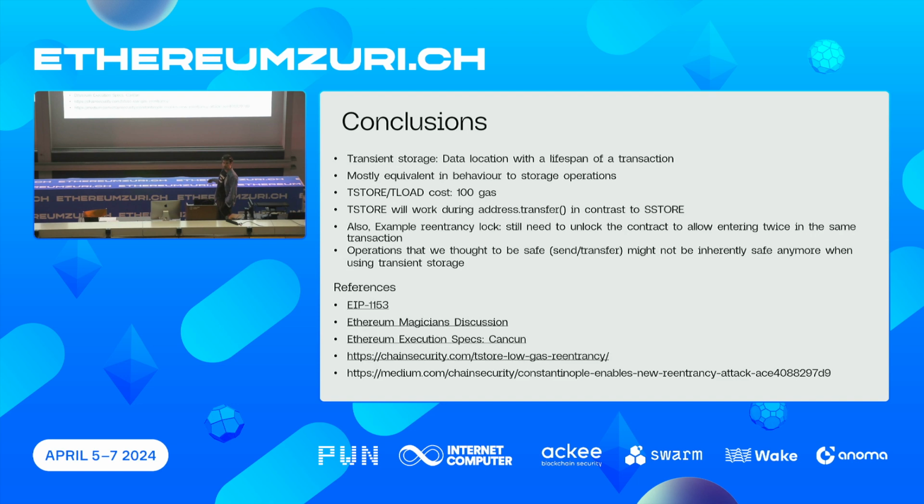You should always reset back to the intended value and not let the transaction expiration do it. And operations that we thought would be safe, such as send and transfer, or contracts that we thought to be safe because they only use send and transfer, might not be safe anymore if your contract that uses them uses transient storage.